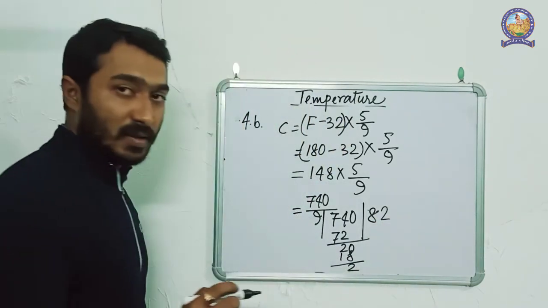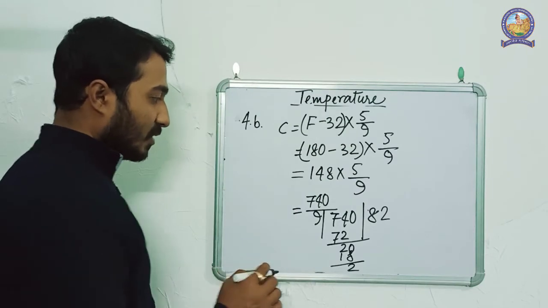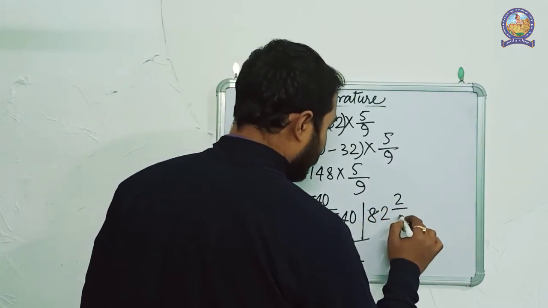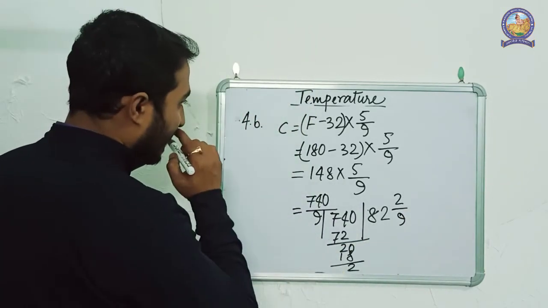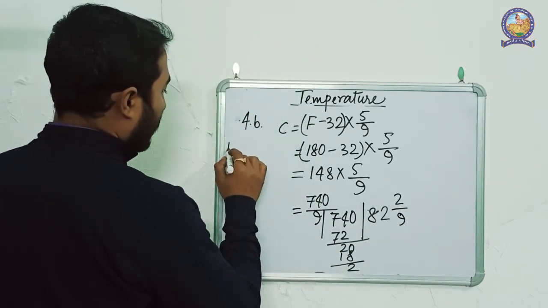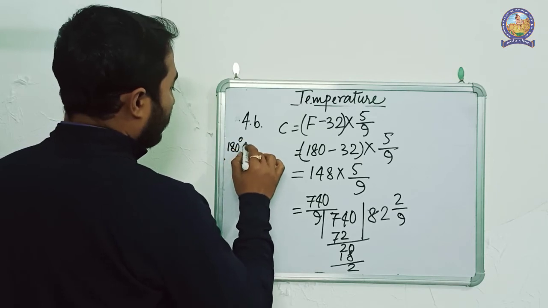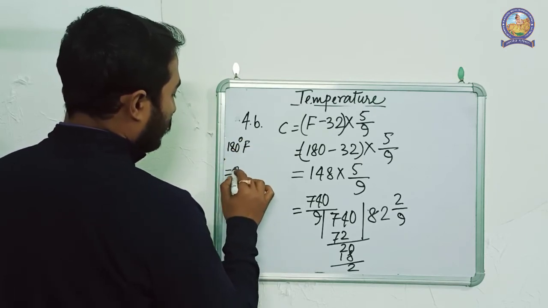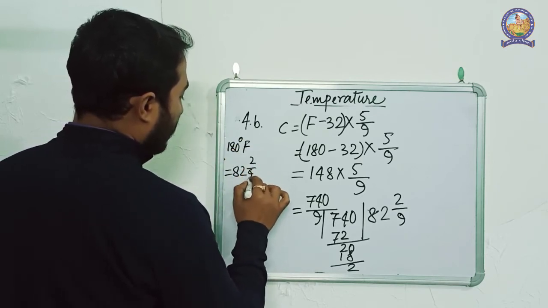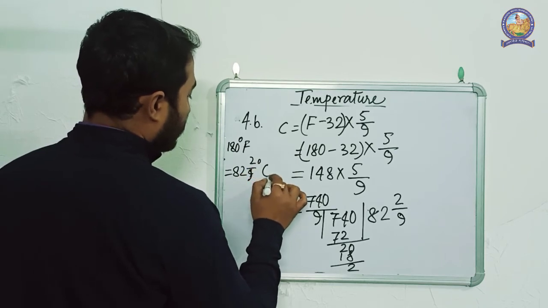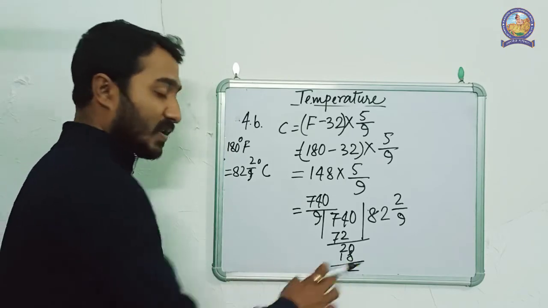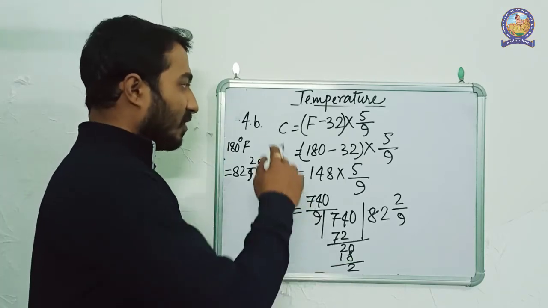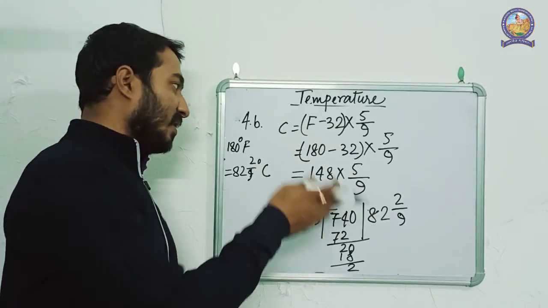Don't try to make it decimal, it will be much more difficult. Simply make it a fraction: 82 whole 2 by 9. So 180 degrees Fahrenheit is equal to 82 whole 2 by 9 degrees Celsius. Sorry, I am writing in this place, but you don't write it, you write in a fresh way. This is how we can convert Fahrenheit into Celsius. Earlier we saw how to convert Celsius into Fahrenheit.